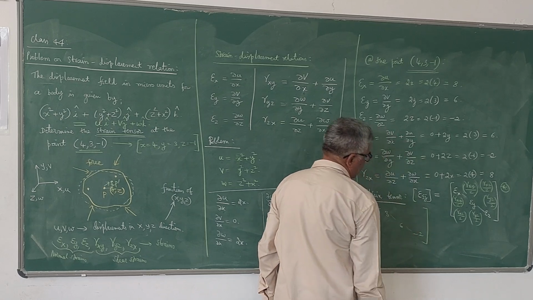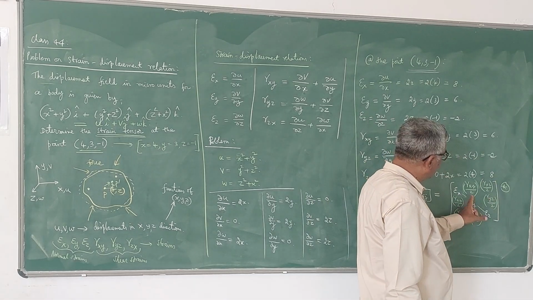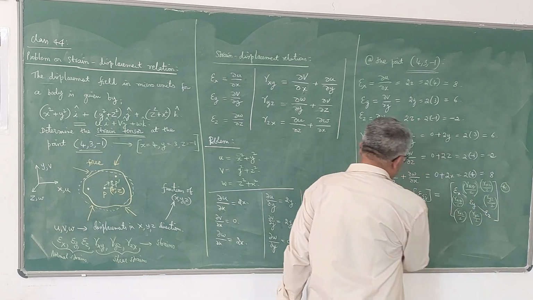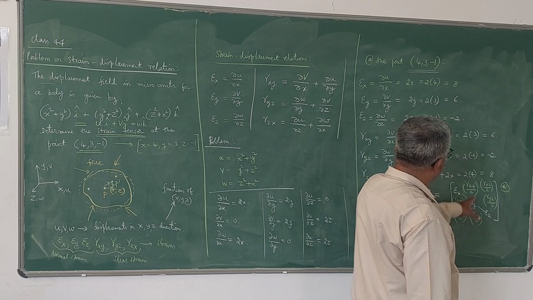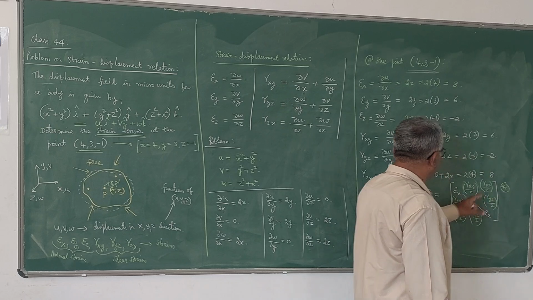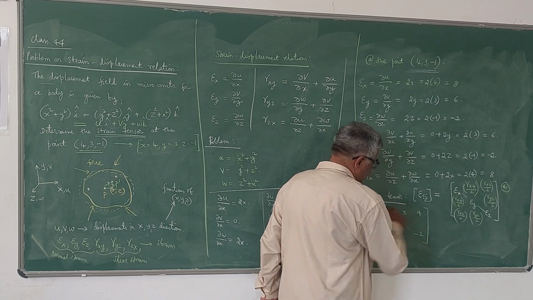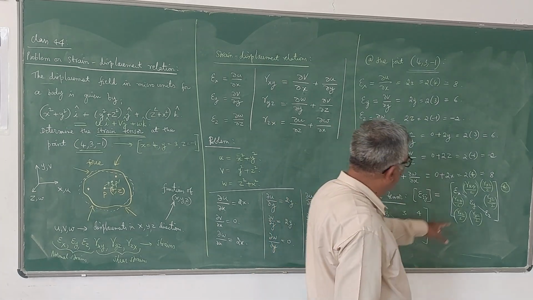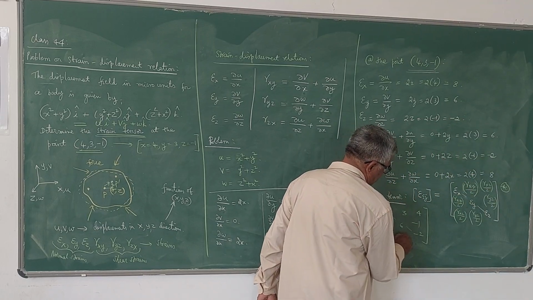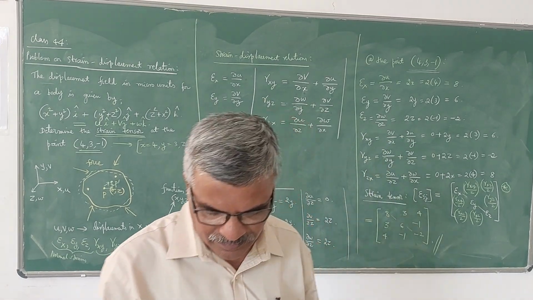Understood? Here gamma xy is 6, but here we have to take divided by 2. 6 divided by 2 is 3. Next gamma xz is 8, so 8 by 2 is 4, and this is also symmetric. Next gamma yz is minus 2, half of that is minus 1. So this is the strain tensor. No units for that.